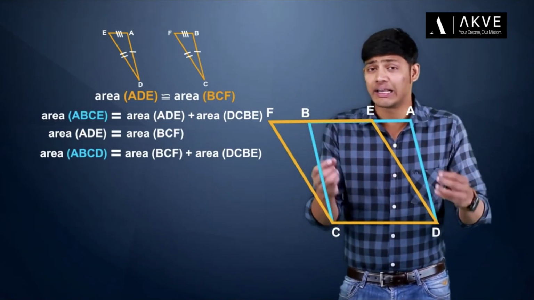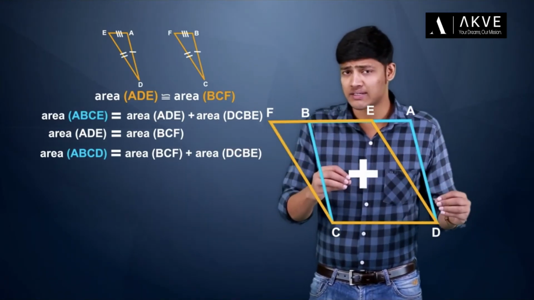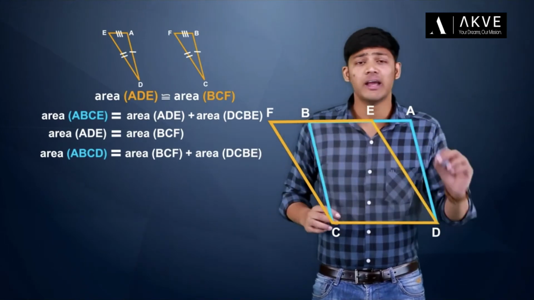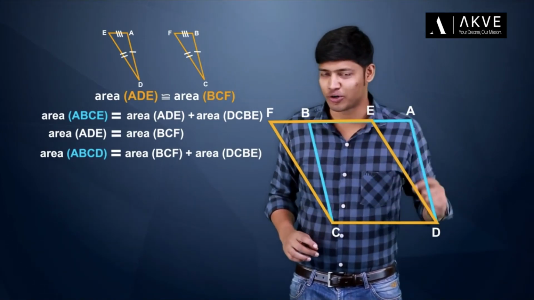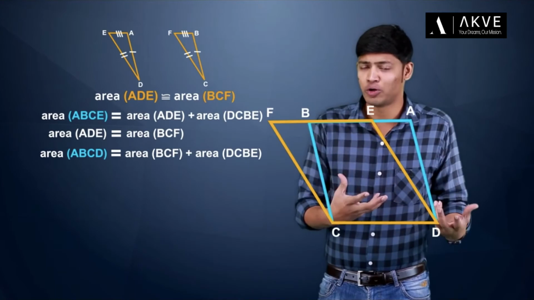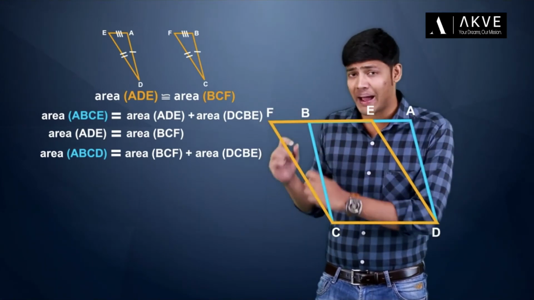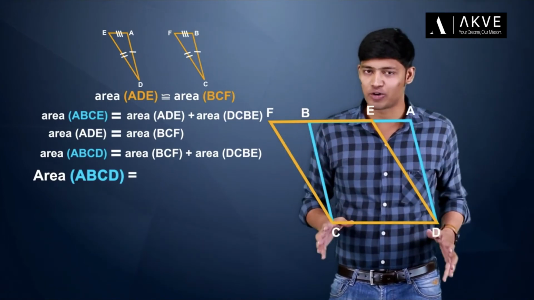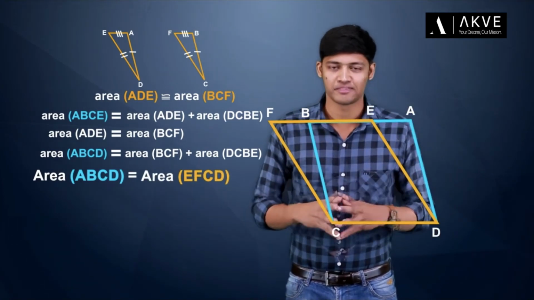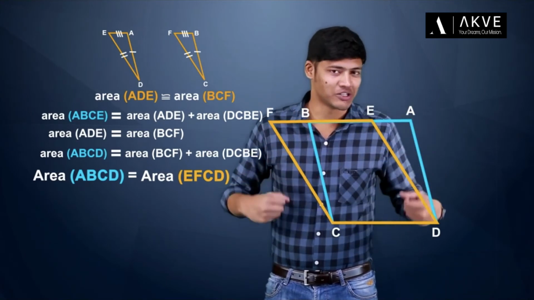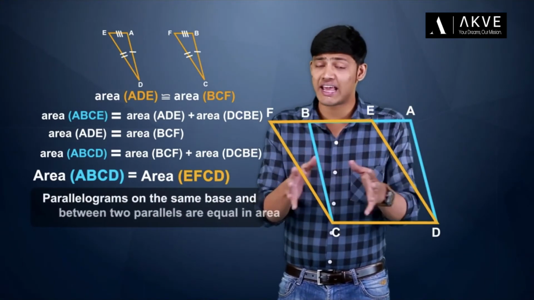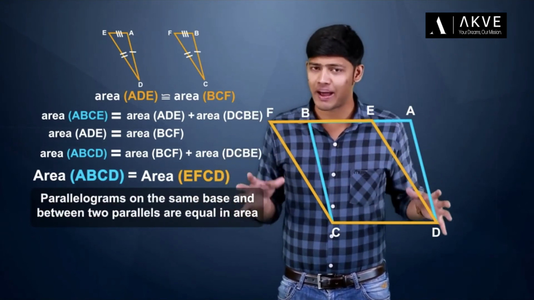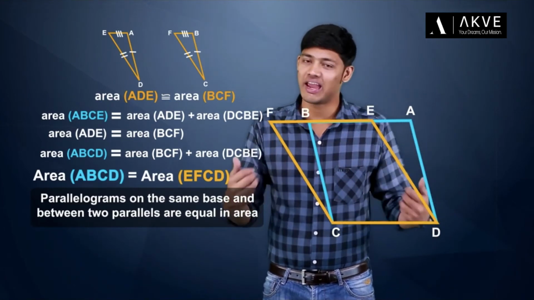Now we know that area of CBF plus area of DCEB is nothing but area of the parallelogram EFCD. So we proved that the area of the parallelogram ABCD is equal to the area of the parallelogram EFCD. From this we can conclude that parallelograms on the same base and between the same parallels are equal in area.